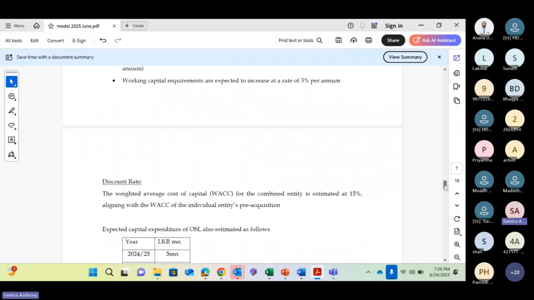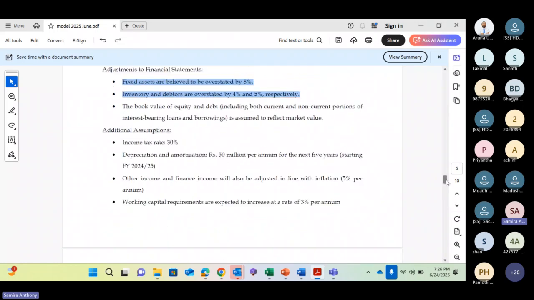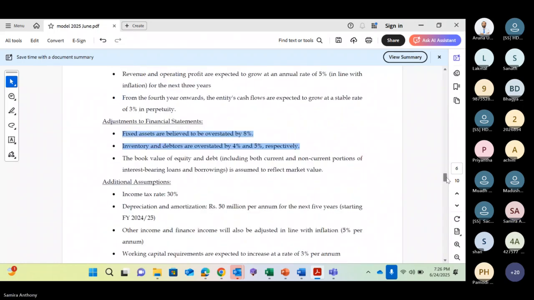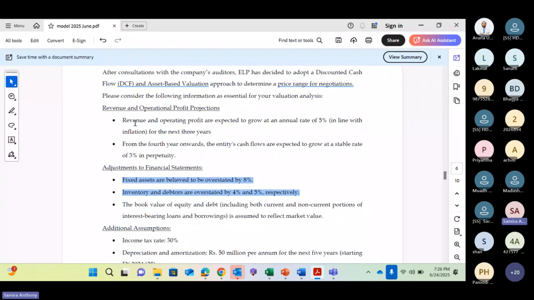Now in this case, they explain the revenue and operating profit. We don't want to take revenue because we need the cash flows, right? Since we need the cash flows, better we start from operating profit. Don't take revenue, then you need to do more calculations to arrive at the operating profit.